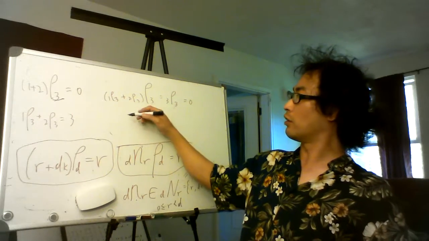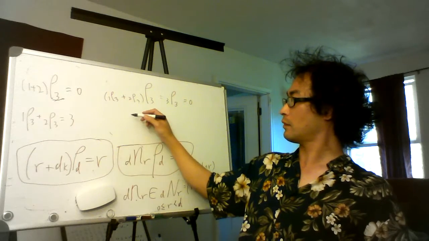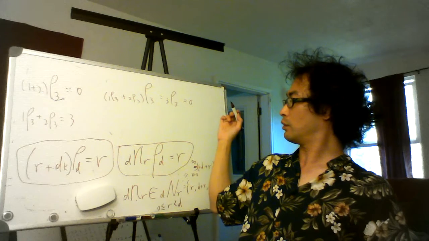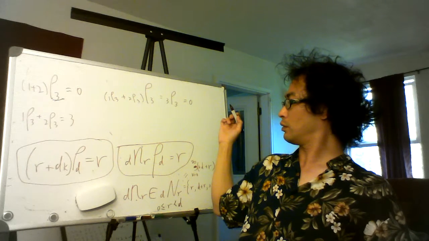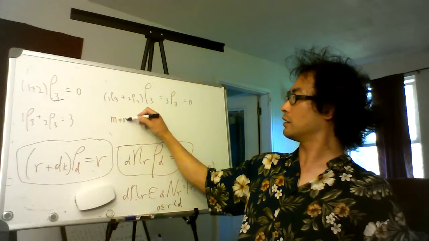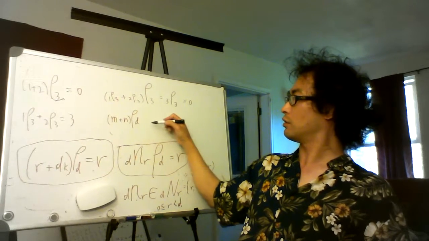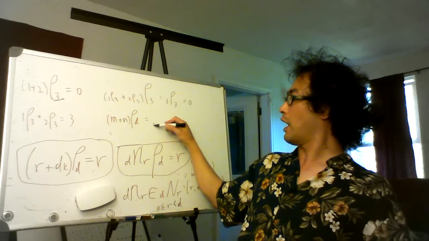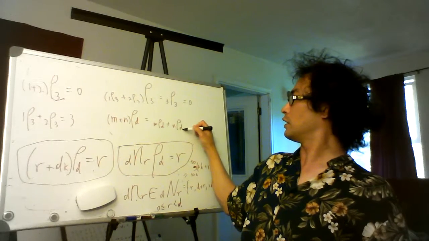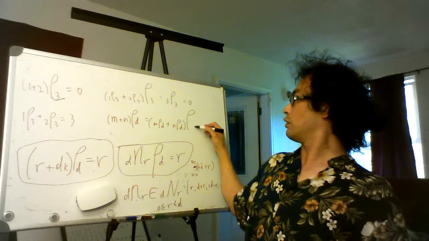So in general, you have some numbers m plus n, rho d, is equal to m rho d plus n rho d, in parentheses, then big rho, and then d.